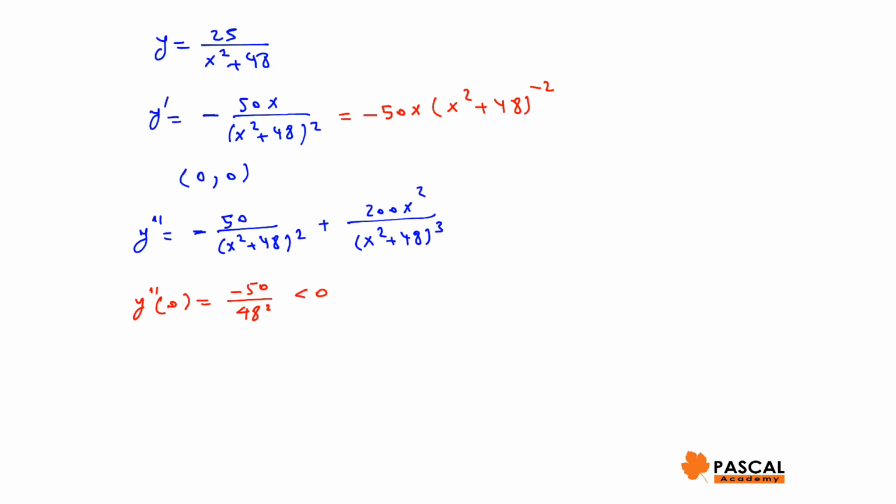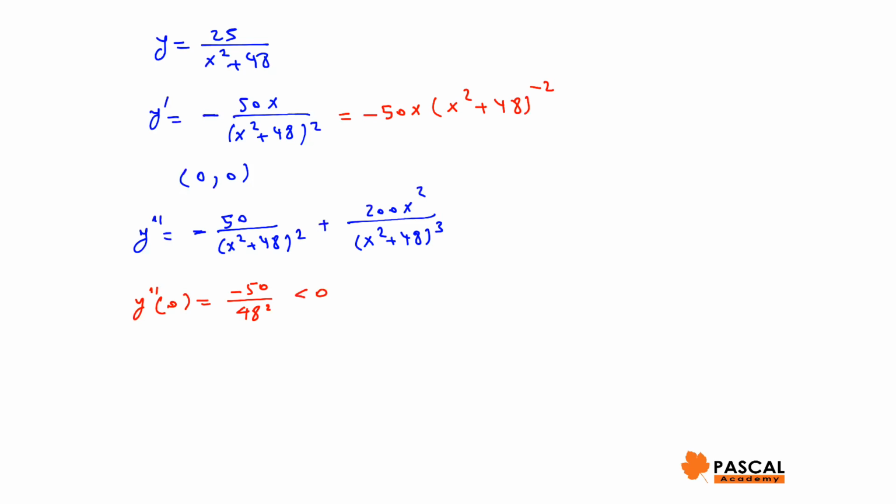The first derivative of the function is minus 50x divided by (x squared plus 48) to the power of 2. To find the derivative, we could use either the quotient rule or write it in the form of 25 times (x squared plus 48) to the power of negative 1 and take the derivative.